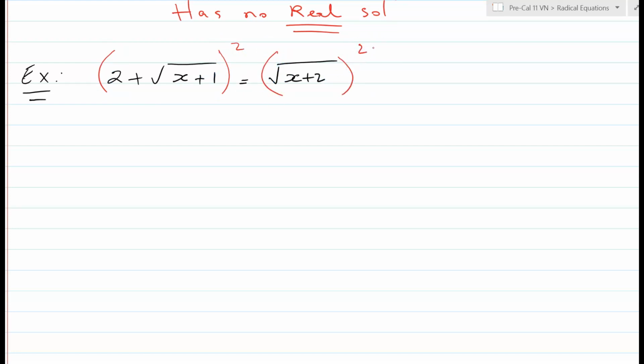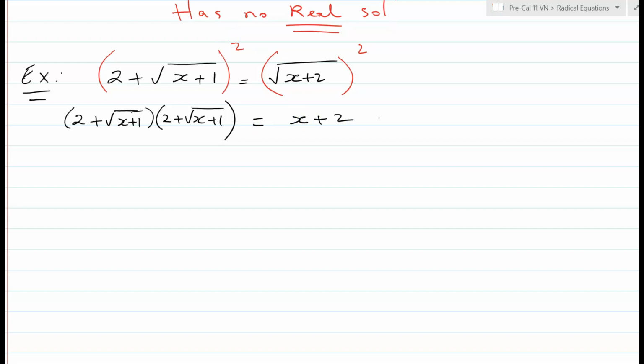Now this is the part where you have to be very careful. When you do this, you need to make sure that you are doing the operation properly. So this bracket squared is basically 2 plus square root of x plus 1, multiplied twice by itself. That's what the exponent 2 is. On the other side, the x plus 2 comes out of the radical.